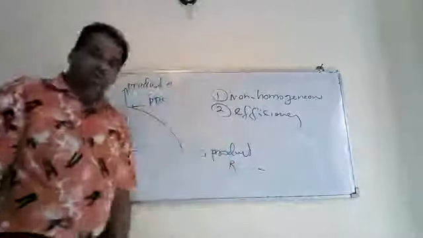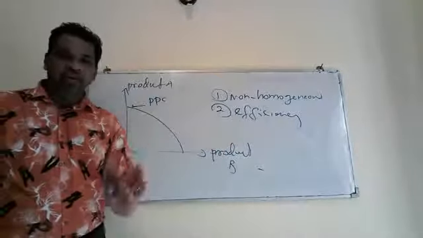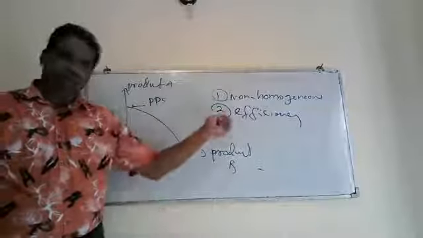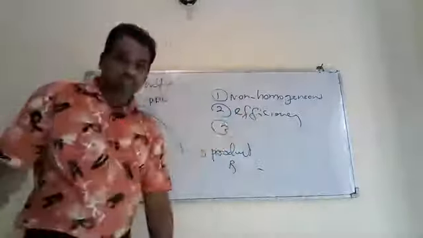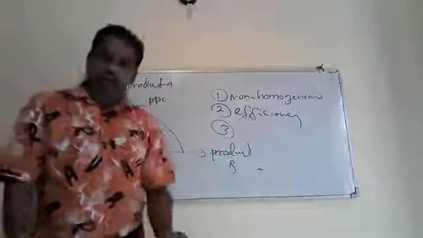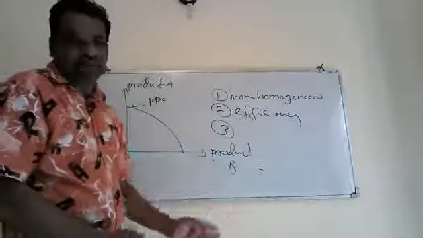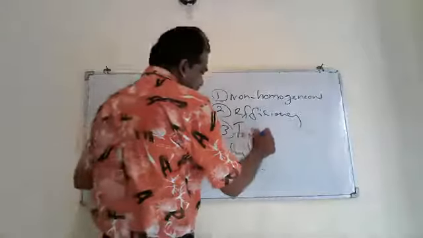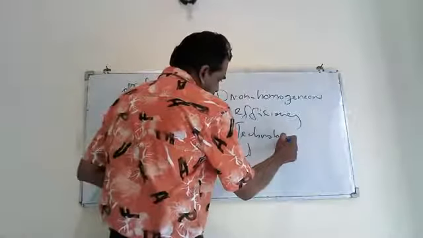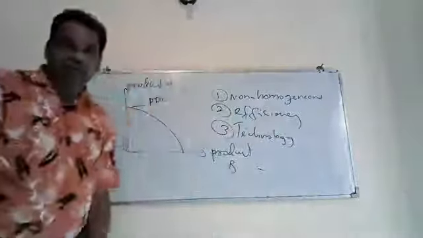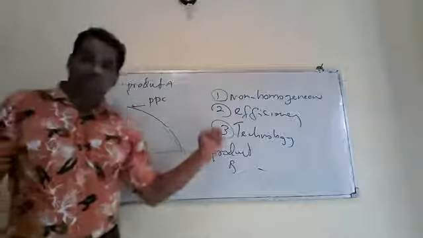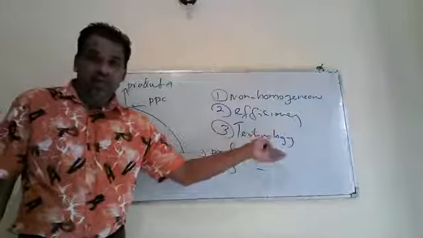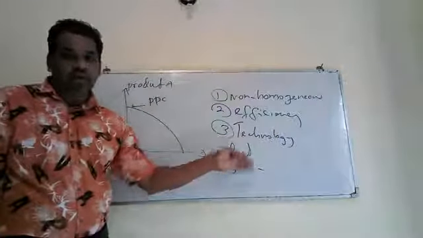Number 2, efficiency. The efficiency available in one industry will be different from the efficiency available in another industry. And number 3, technology. The technology used in one industry is different from another industry. For example, technology used in the garment industry will be different from the technology used in the tourism industry.